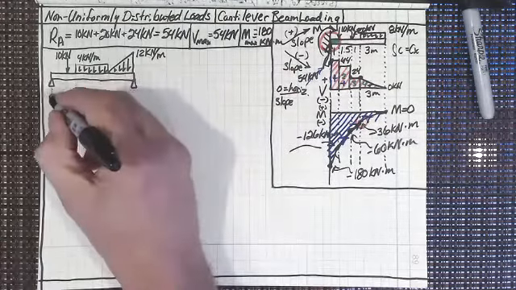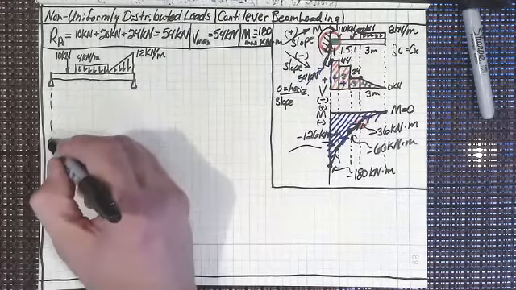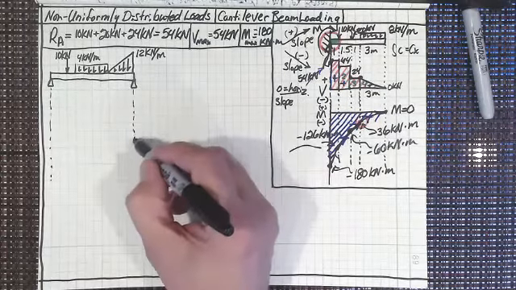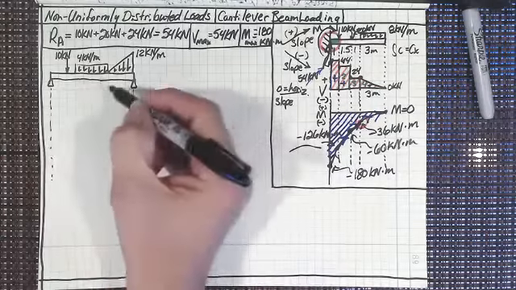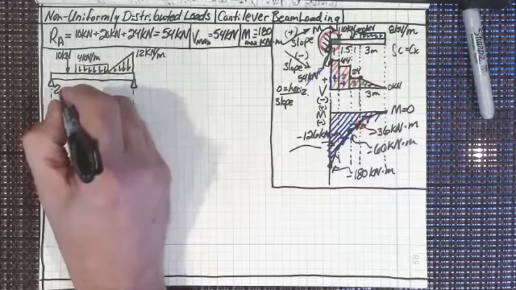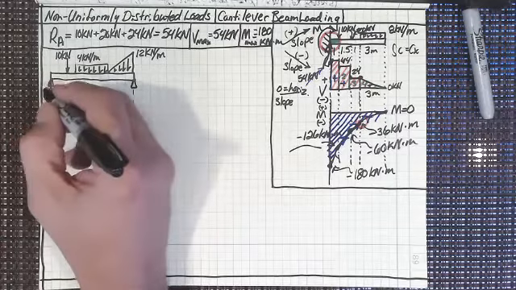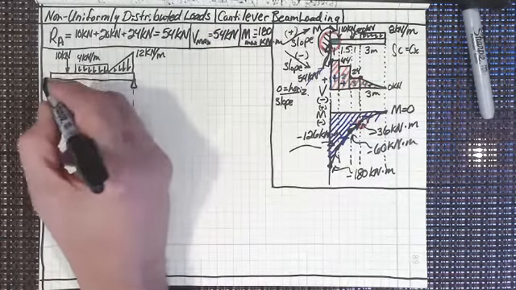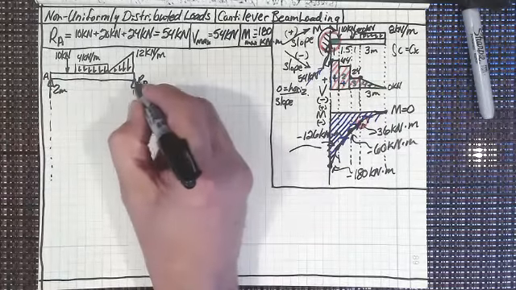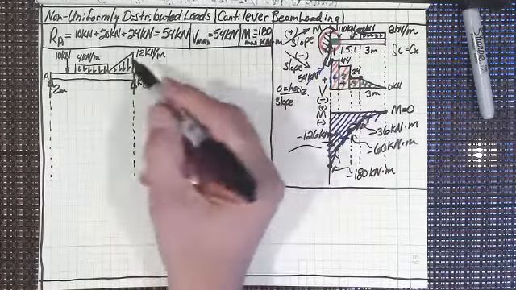Okay, so let's just drop our lines down for our shear force and bending moment diagram. Everybody sees what the distances are. That would be 2 meters. This is going to be our A and our B, right?